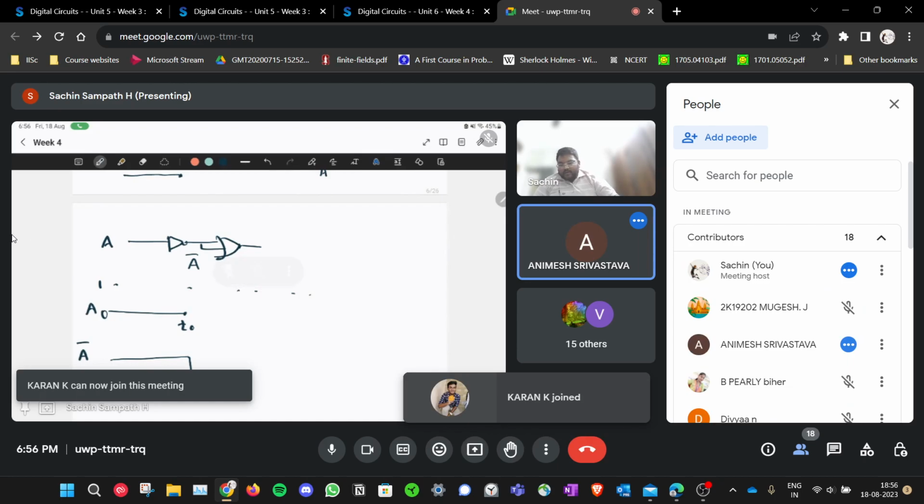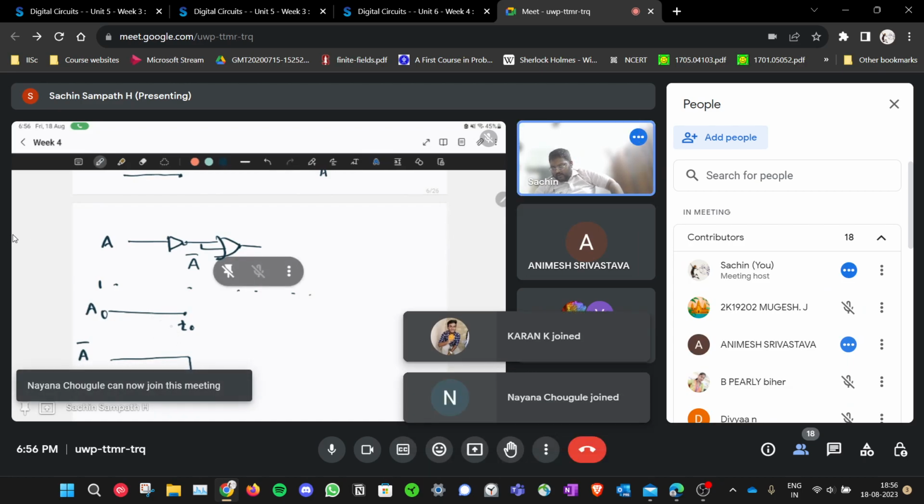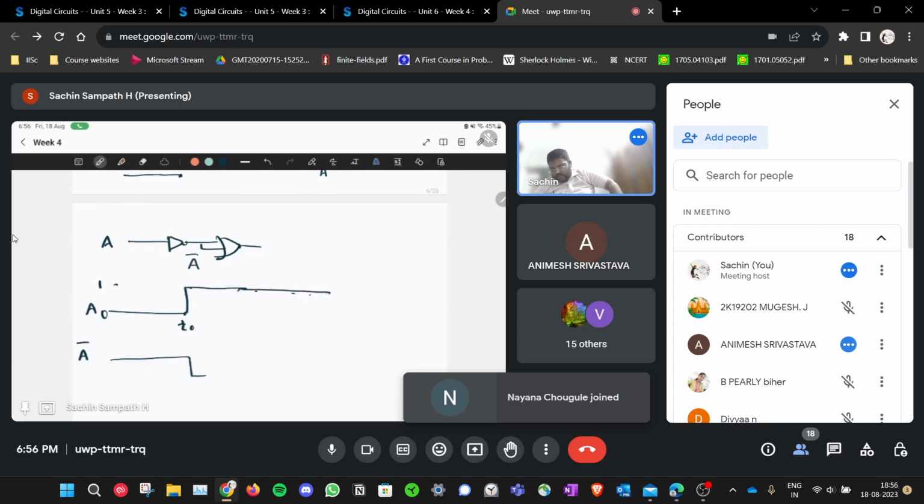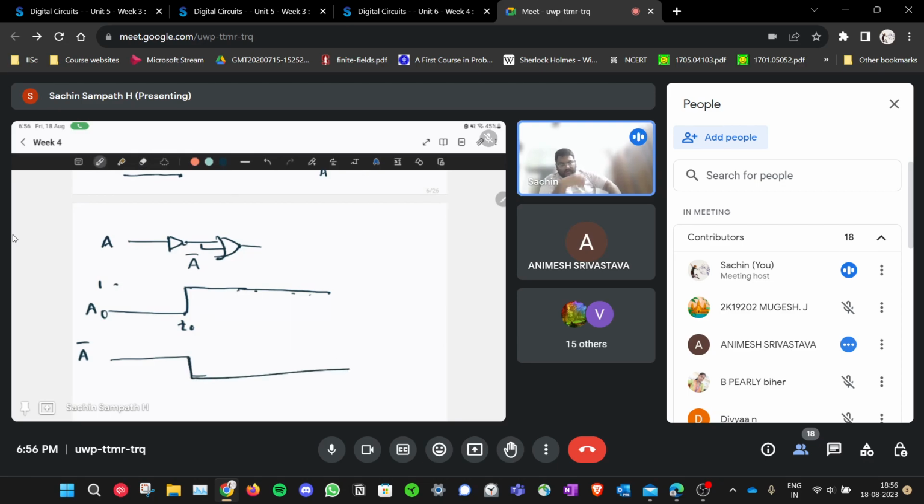Okay. Now let's say your A changes to high. Okay. Now your A bar was supposed to go low like this. It was supposed to go low and continue.